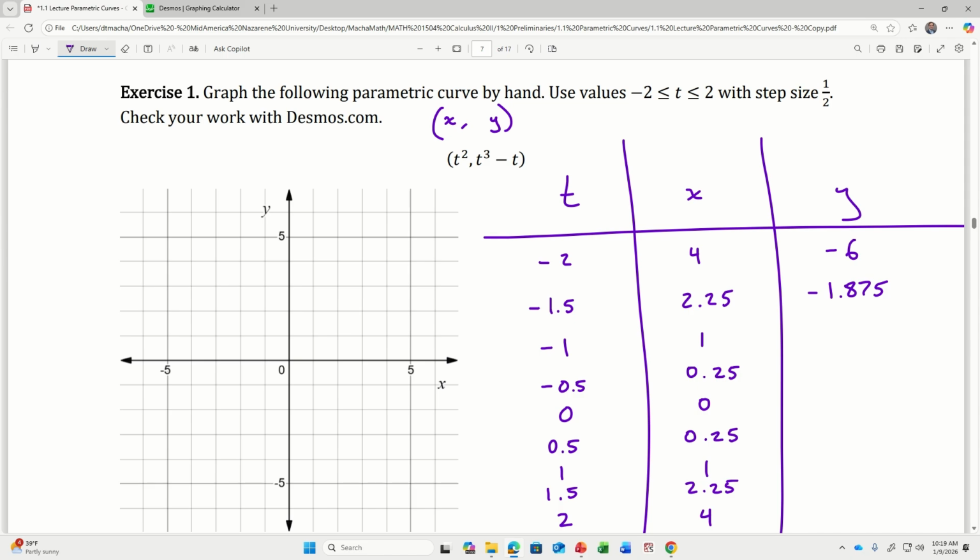And there's -1 plus 1 is 0. -1/2 cubed plus 1/2 is 0.375. 0.